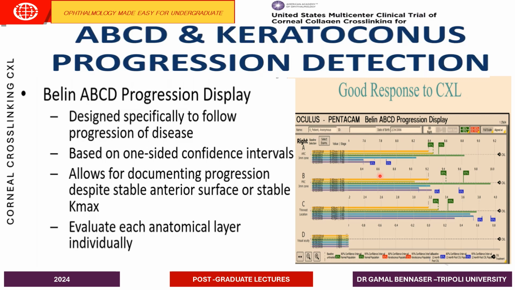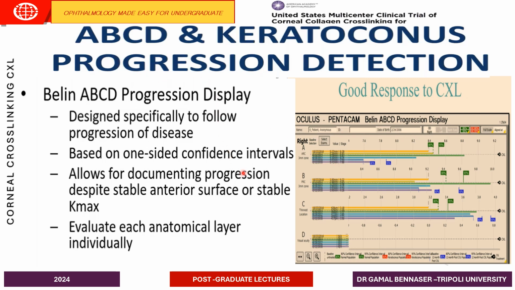Now, this display will show whether your patient practically is stable or in a state of progression. Although, as I said, this is an indirect way of assessing the efficacy of your cross-linking, it is very useful and used by many doctors, and it shows the arrest of the progression of the disease. This is named the ABCD progression display.